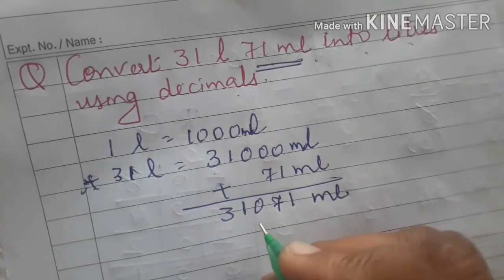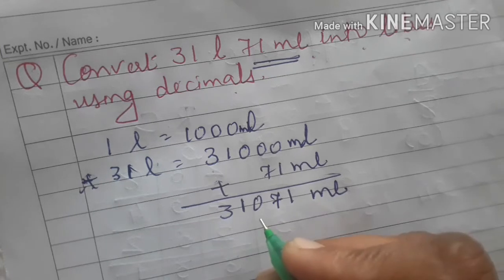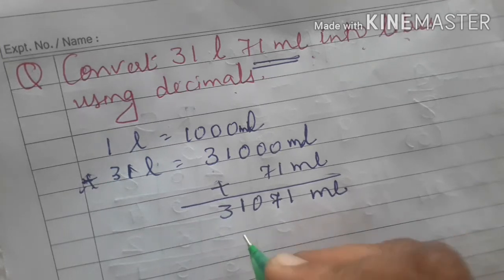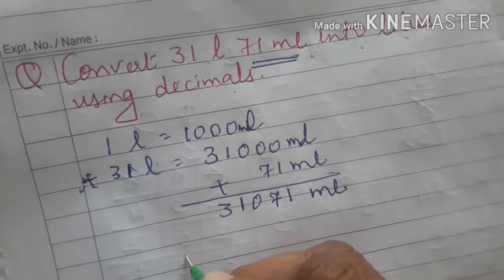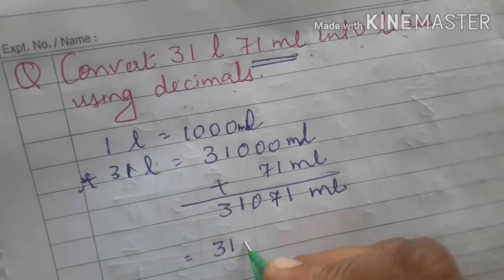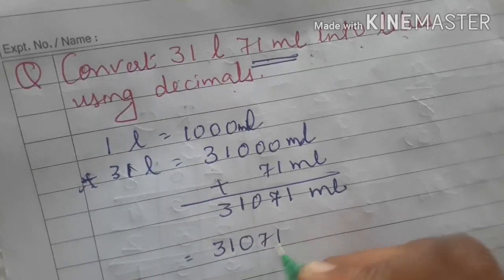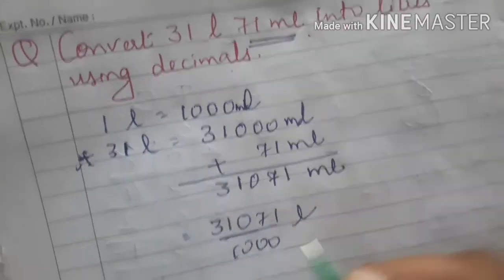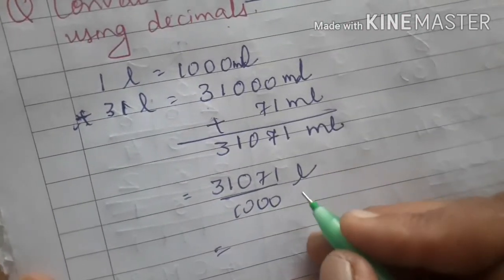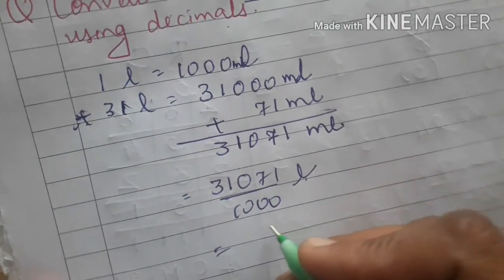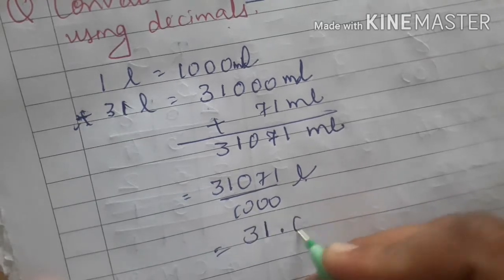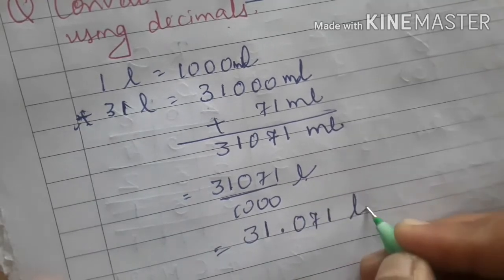And in decimals, when you want to express it, this is to be divided by 1000. So here you will have it as 31071 divided by 1000 liters. The last 3 digits will be for milliliters. So it means 31.071 liters, right?